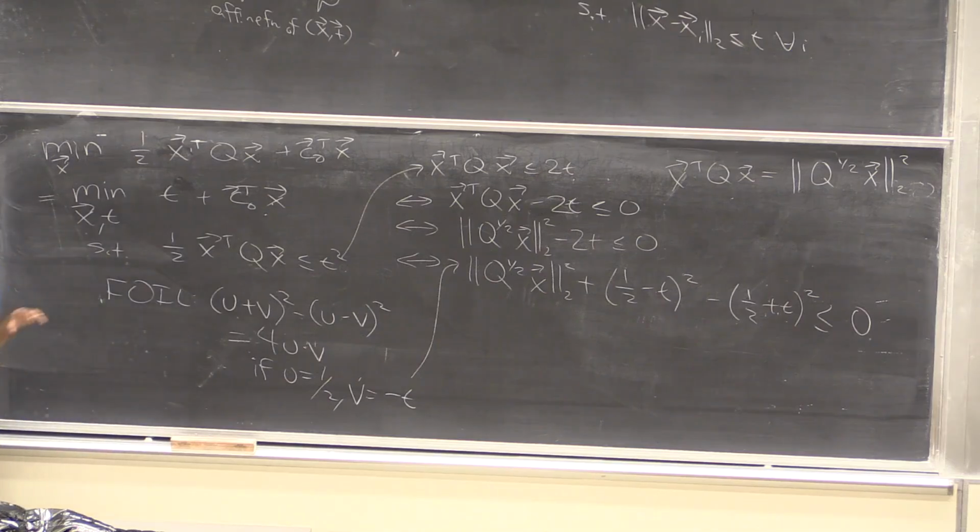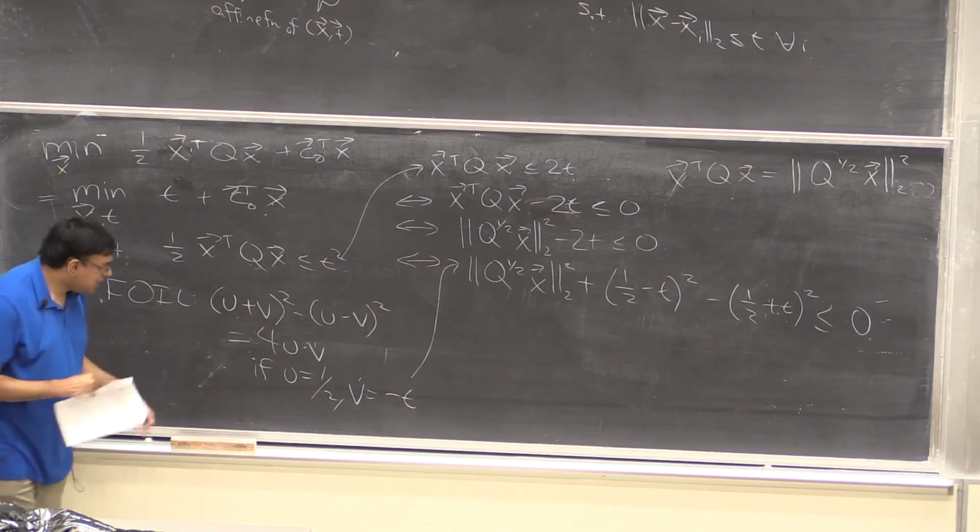And so this constraint will even be feasible, and your optimal t will just be negative infinity. The optimal objective will be negative infinity, and nothing else matters. And so you didn't really solve the problem. But that's a very good point.